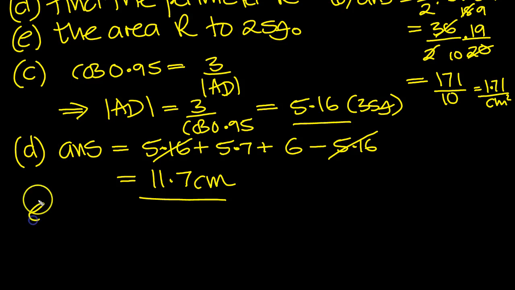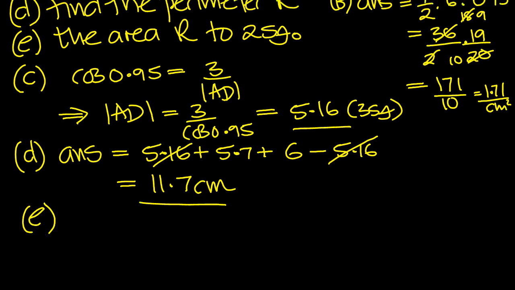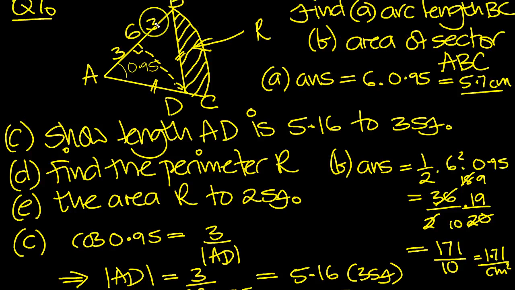And then E now, the area. The area will be the area of the sector, which we worked out before in part B. Half r squared theta. 36 over 2 times 19 over 20.